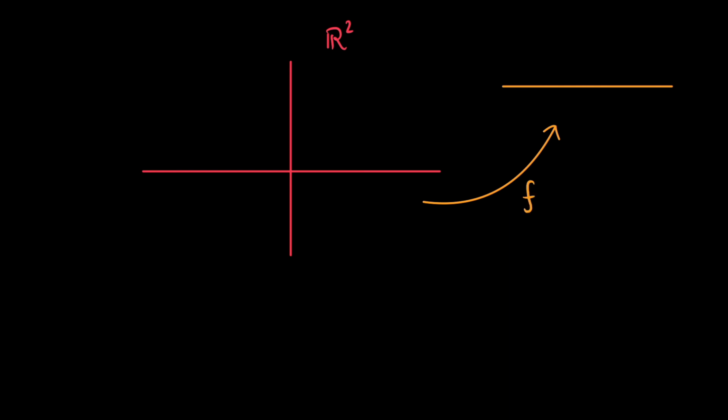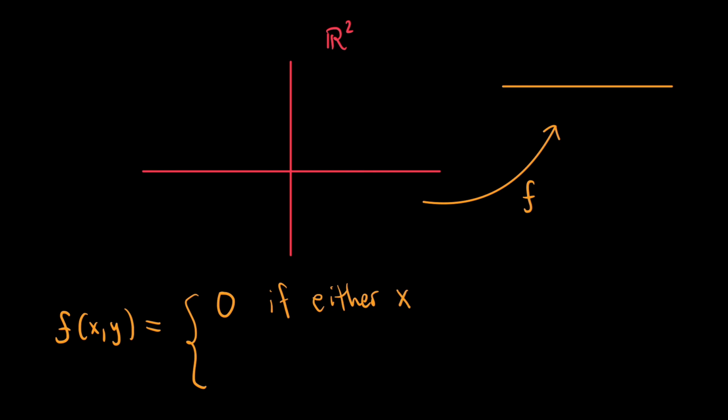And I'm going to define an f which definitely has its partial derivatives existing. Because what I'm going to do is say that f of x and y equals 0 if either x or y is 0, or both.